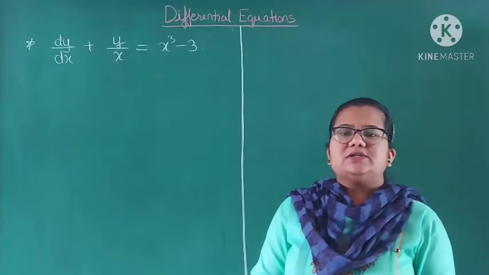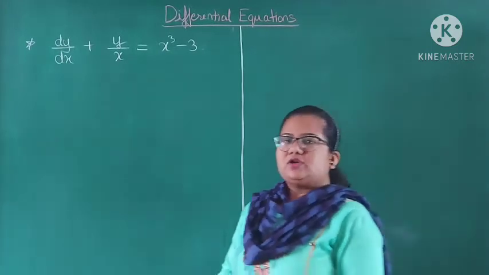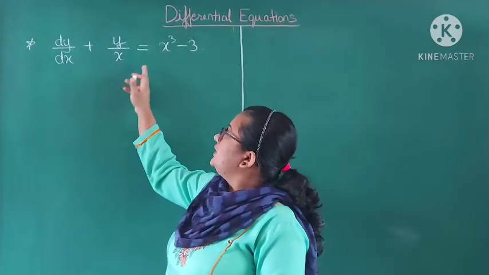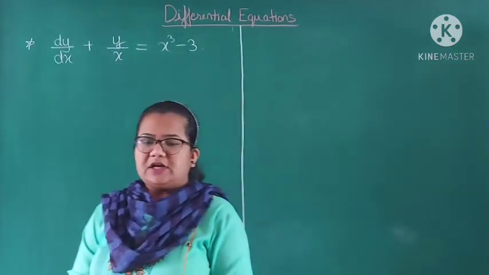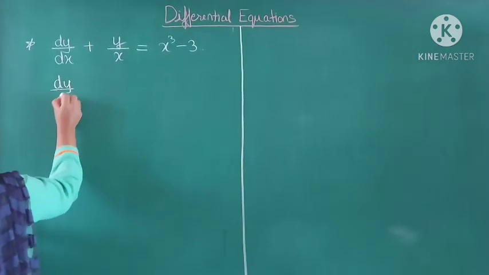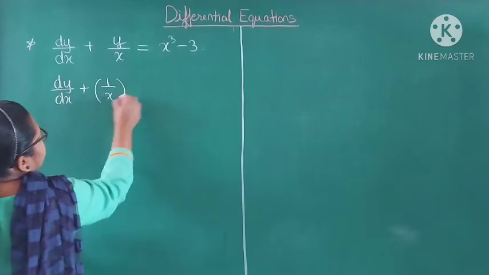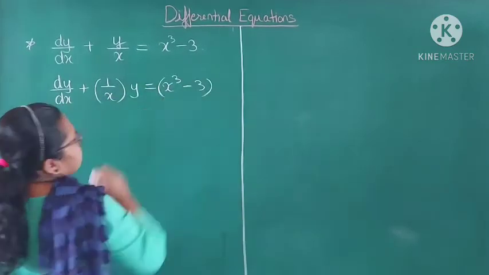Now let us solve a few examples of linear differential equations. See the first example: dy by dx plus y upon x is equal to x cube minus 3. So we can write this as dy upon dx plus 1 upon x into y is equal to x cube minus 3.